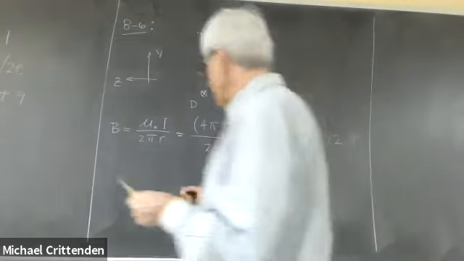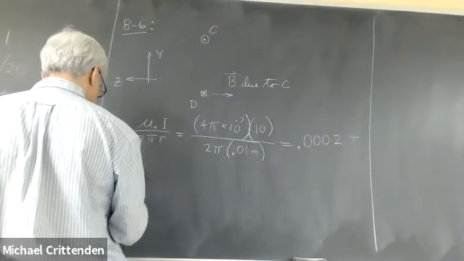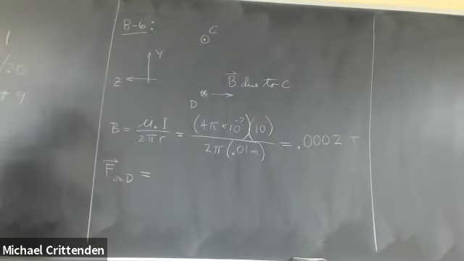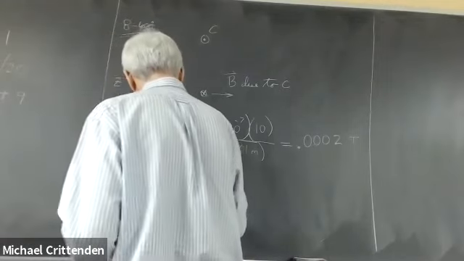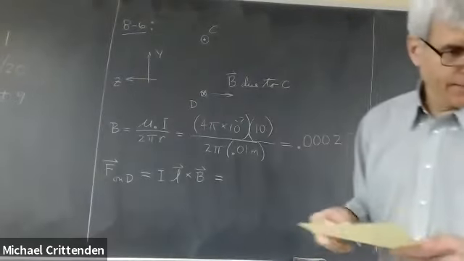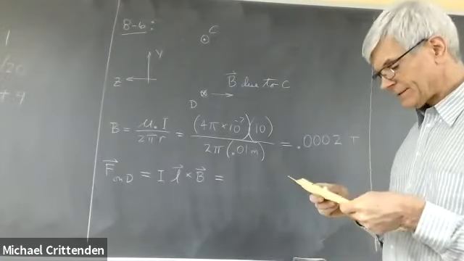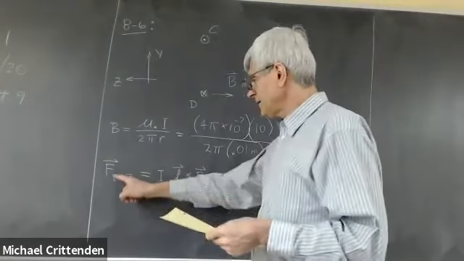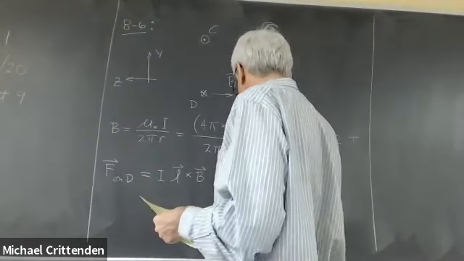Then the force on wire D, due to being in that magnetic field, would be, and this goes back to section 7, the force on a current carrying wire is IL cross B. If we're calculating the force on D, then this would be the current in D, which is 7 amps.